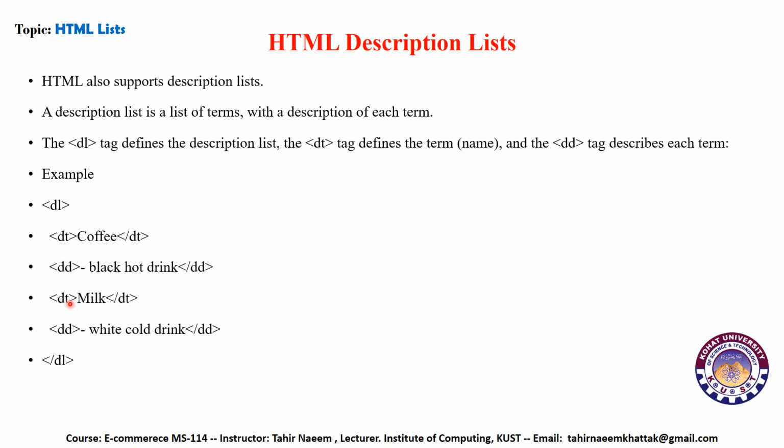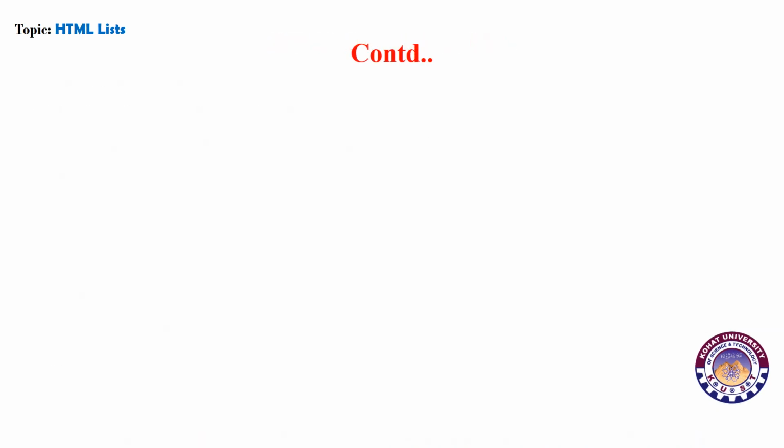Here the DT description term milk, I have closed the description term, while DD describes each term, this is white cold drink. I have closed this description term, and because we want to finish this description list, I will put a slash before DL, and it means that it will close the whole description list.